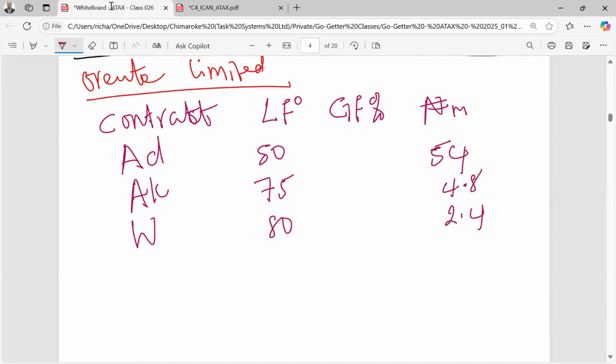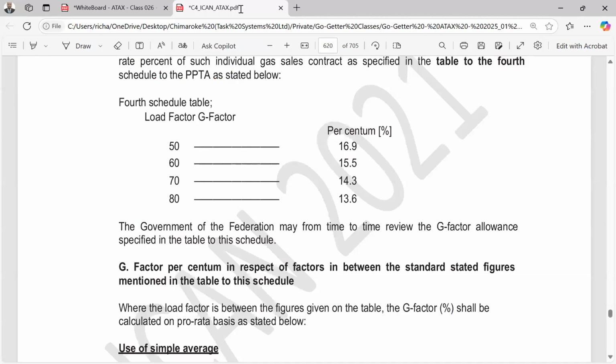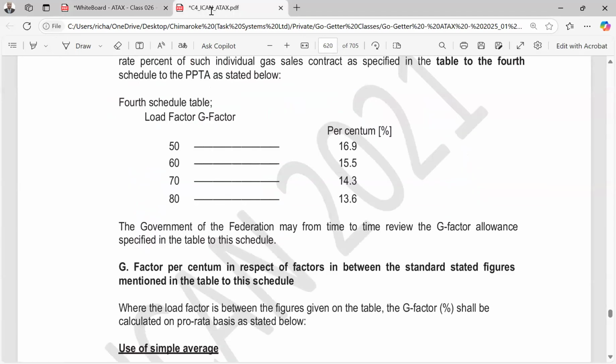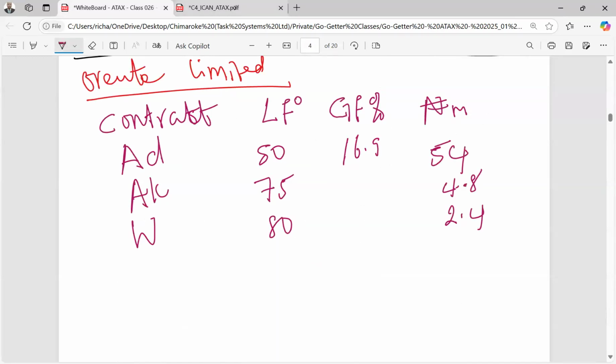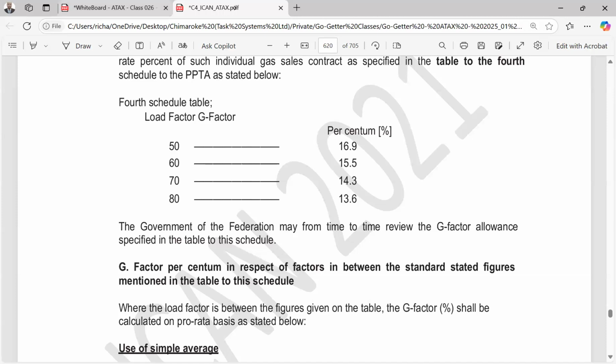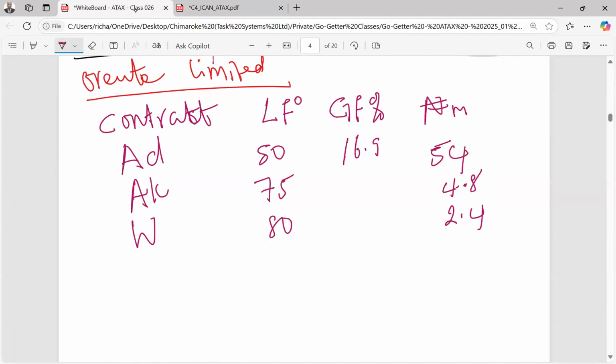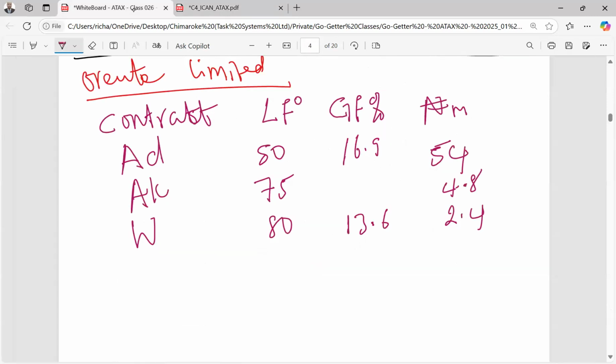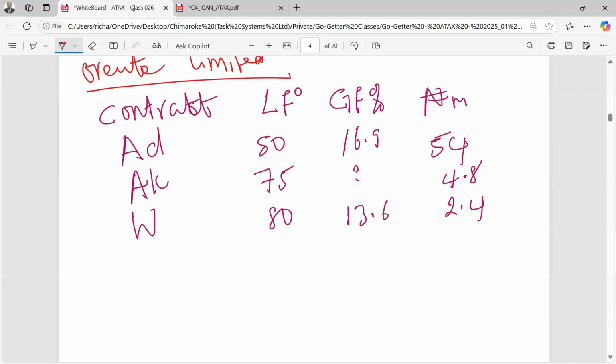Because this is 50, we know it here is 16.9, so we put 16.9%. Now, this is 70, 75, and this 80 is here. We know it exactly: 13.6. Now, there is no 75 here. We have 75. So what do we put here? So we'll do that one here.